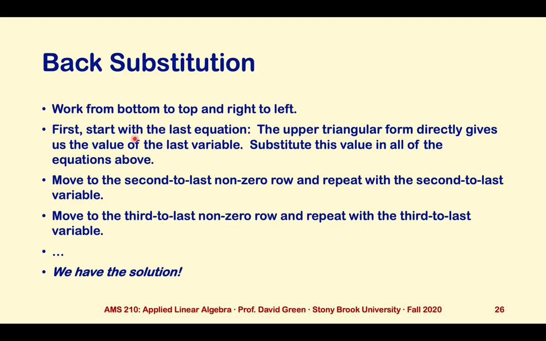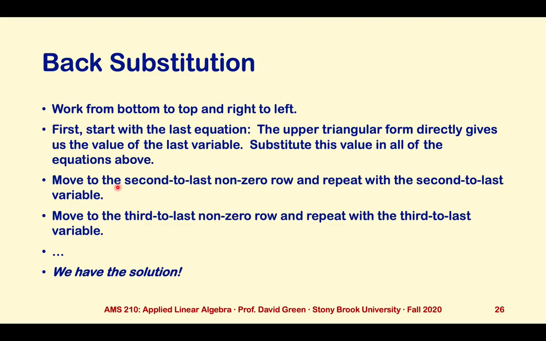Right? The last equation, looking at the last variable. We then substitute this value in the equations above. We then move up to the second to last equation, move left to the second to last variable, solve for that, substitute, and repeat, moving up a row and to the left until we have our complete solution.